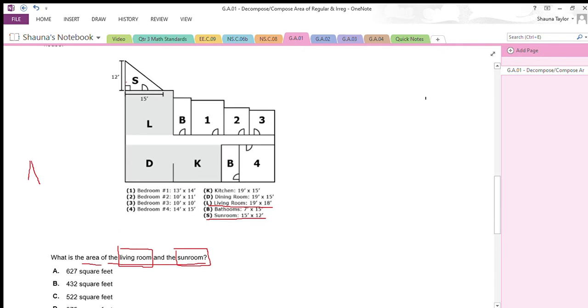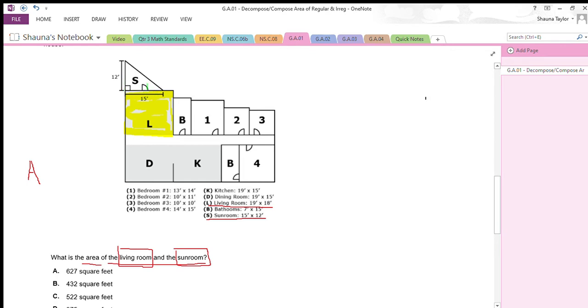Well, what is this? This is a triangle. Oh, okay. So the living room looks like this part right here. Let me see if I can find a highlighter. Right here, this is all the living room. And then let me get another color for the highlighter.